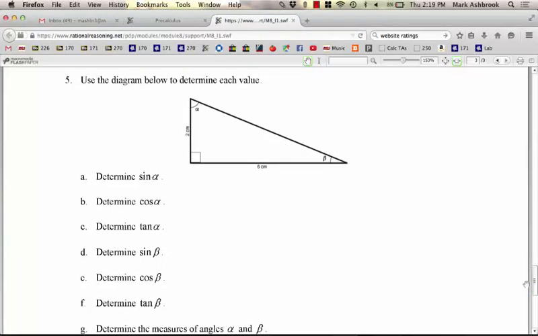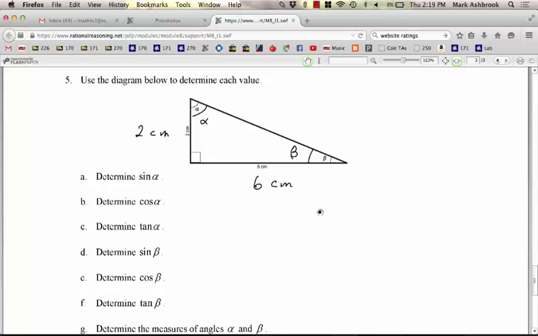So flip over to number 5. This says 6 centimeters, this says 2 centimeters. Now we're going to look at 2 different angles. So beta and alpha. And when you change the angles, what is the opposite side for alpha?